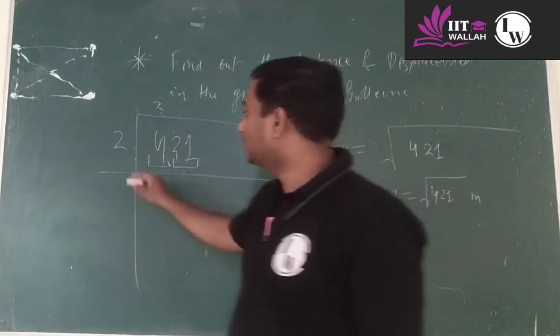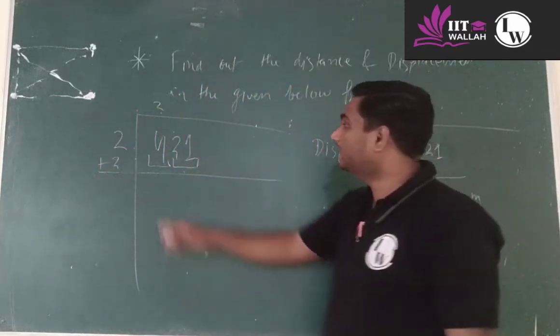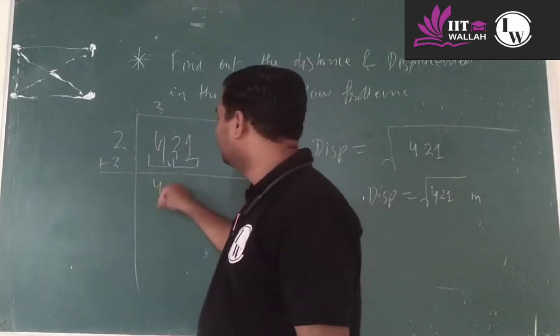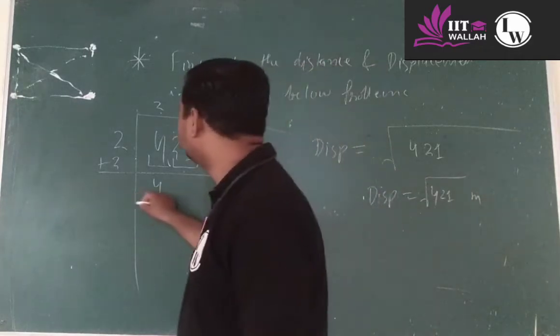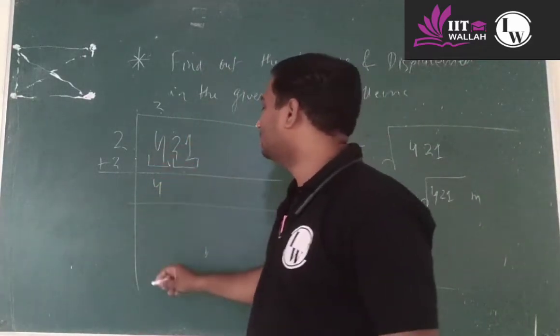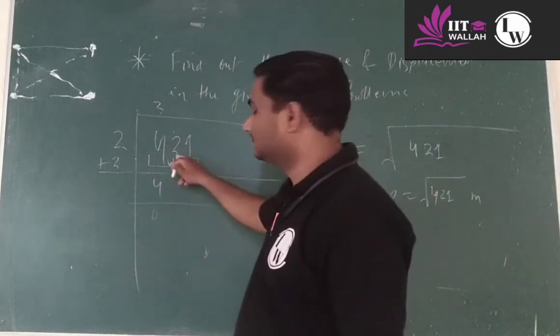Now multiply 2 into 2, how much? 4. Now subtract, 4 minus 4 is 0.